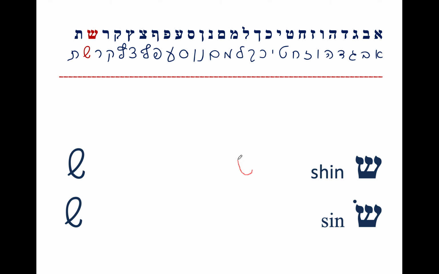Like this, you go up. And you do this. And this is shin or sin. Again, like this, and you go up, down here. Shin or sin. In the block letters, the shin will have the dot here, and the sin, the dot on the left. In modern Hebrew, we don't write it.